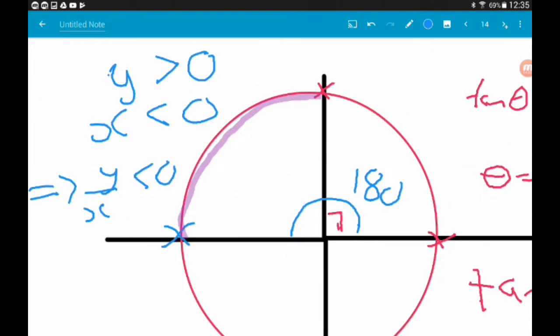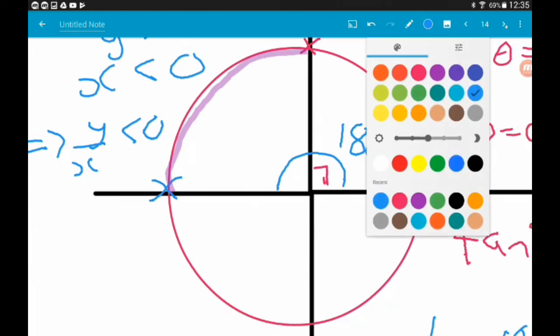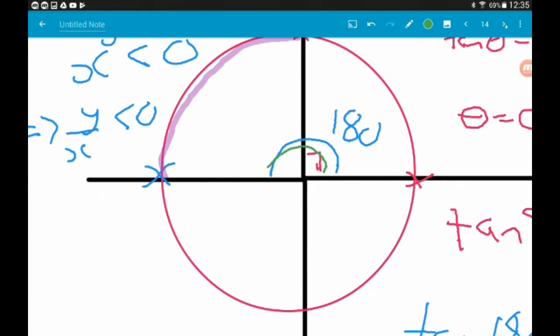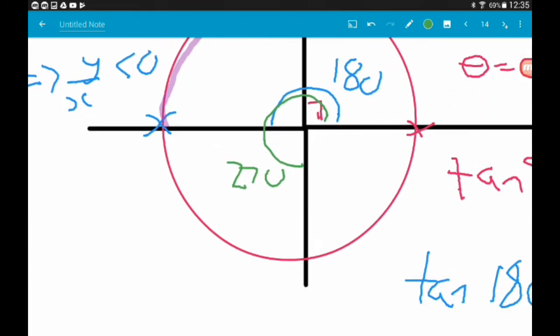Okay, what about the next important point then? So the next important point is 270. So again, we get the same problem.